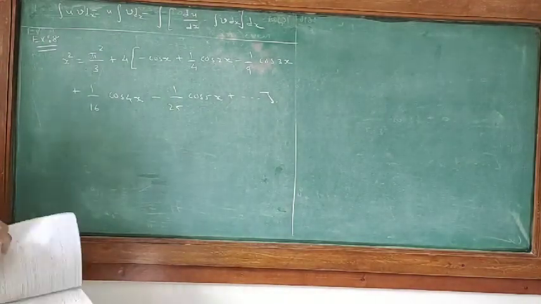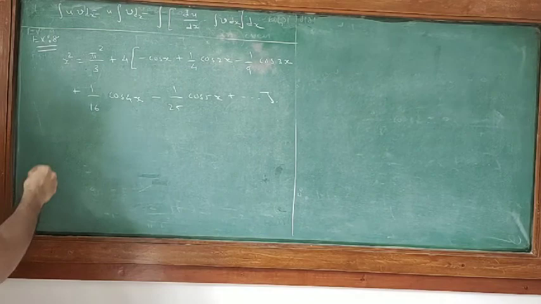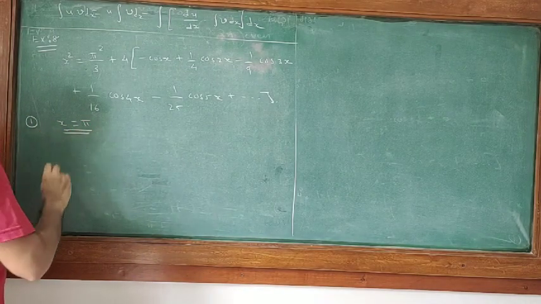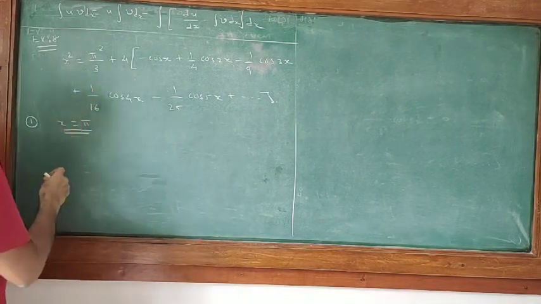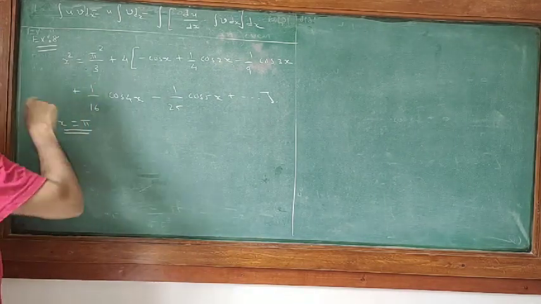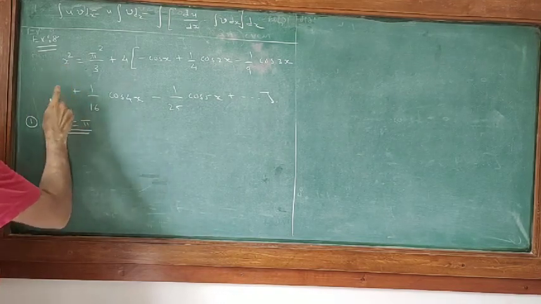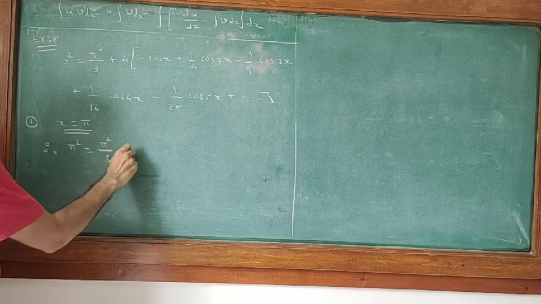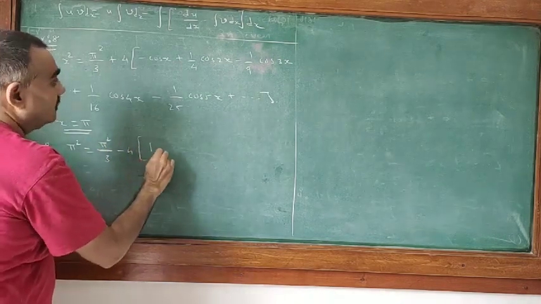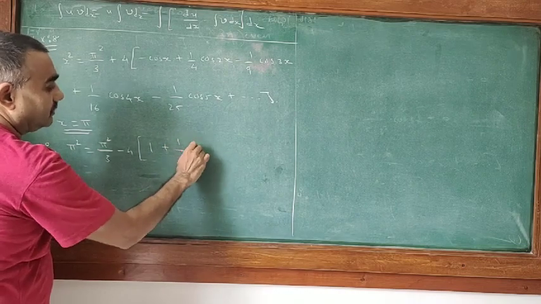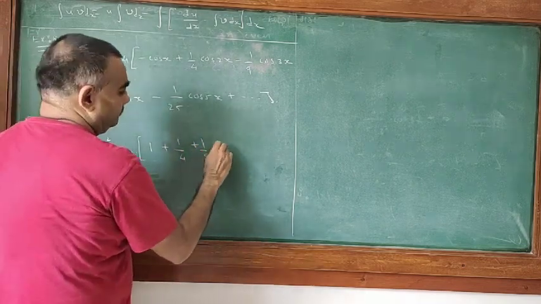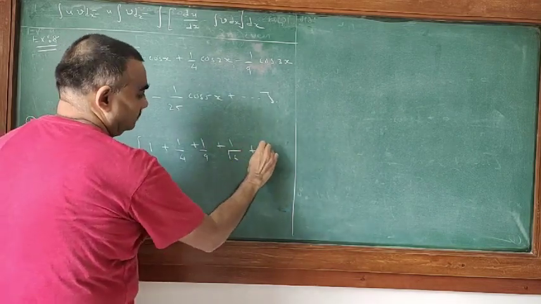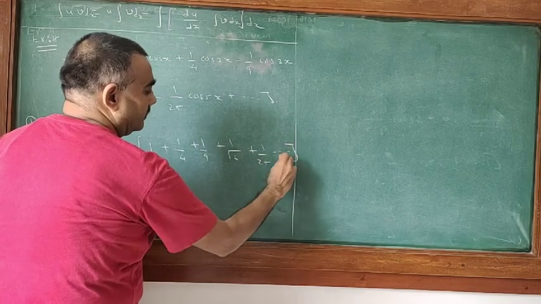Now in this one, if I put x equal to pi, then what will it be? If x is pi, then this is pi square equal to pi square by 3 minus 4, 1 plus 1 by 4, 1 by 9, 1 by 16 and other terms.